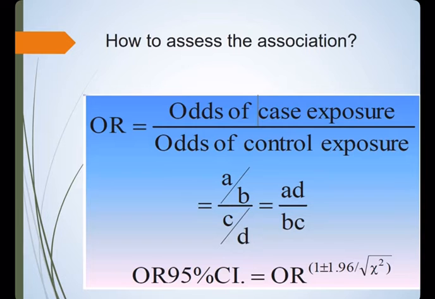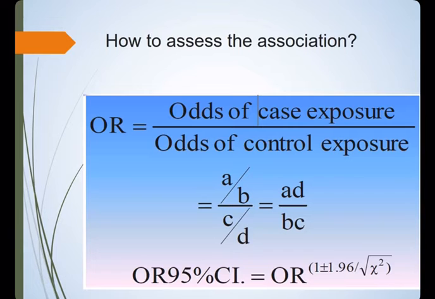And there are two ways of estimating the confidence interval for the odds ratio. As we have previously learned from our statistics courses, for the estimation of a variable, we can use a point estimation and also an interval estimation. So odds ratio is a point estimation, while we usually have an interval estimation considered as the confidence interval for the odds ratio.